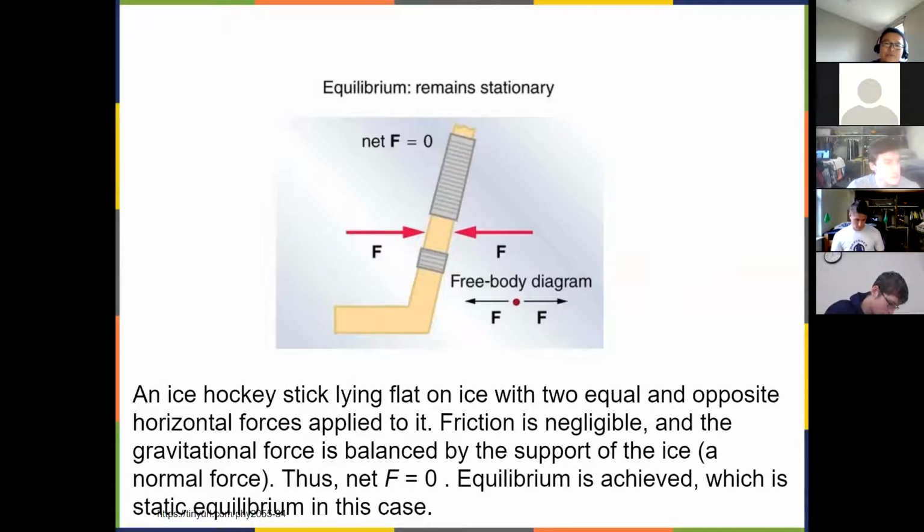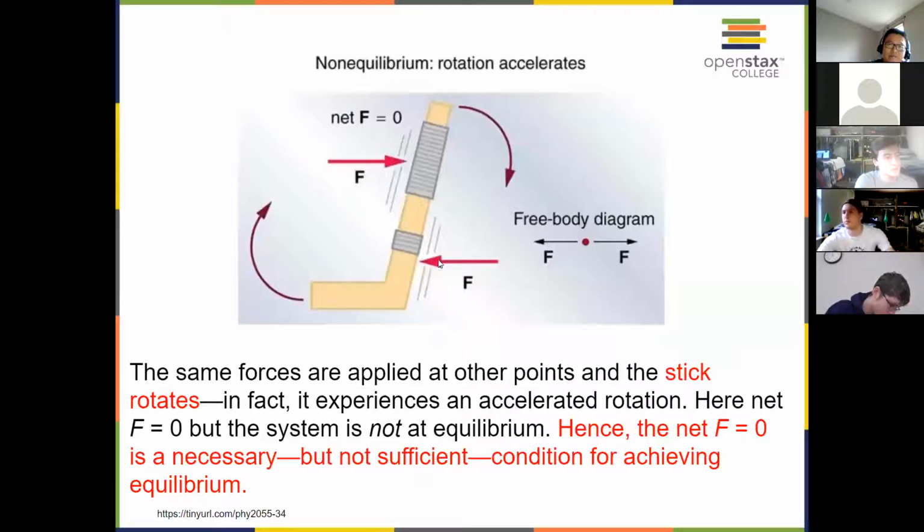Now, in the case that the two forces are along one line, acting at the same point, they cancel out each other, so that's static equilibrium. However, if you apply forces at different locations on the object, like the hockey stick here, then even though the net force cancels out, the hockey stick will still rotate.